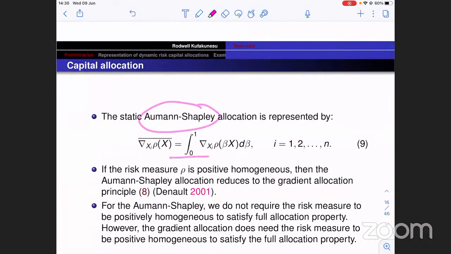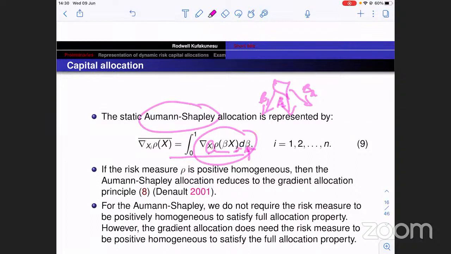It can also be looked at this way. You see this beta here. This beta is coming from the portfolio weight, the weights you would give to each subsection, like beta 1, beta 2, beta 3, and so on. That's why you will have to sum your gradients of the risk in the direction of Xi this way.